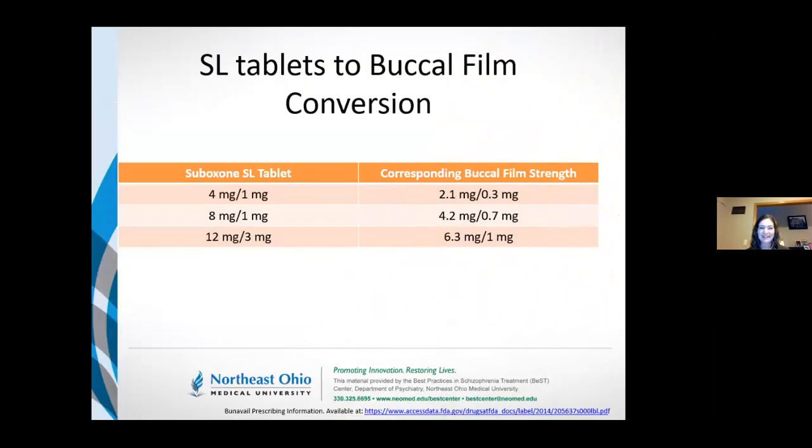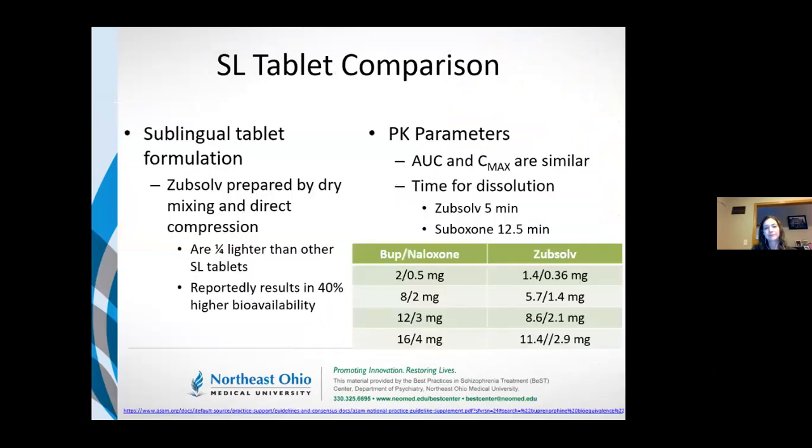And that's what you'll see here. So from the sublingual tablets to those buccal films, you see almost a halving of the dose to achieve equal concentrations to be able to control patient symptoms. And we do have at least one of the sublingual tablets that was formulated specifically to try to increase the bioavailability. That's the Zubsolv. That's why I pulled that in from the adverse effect standpoint.